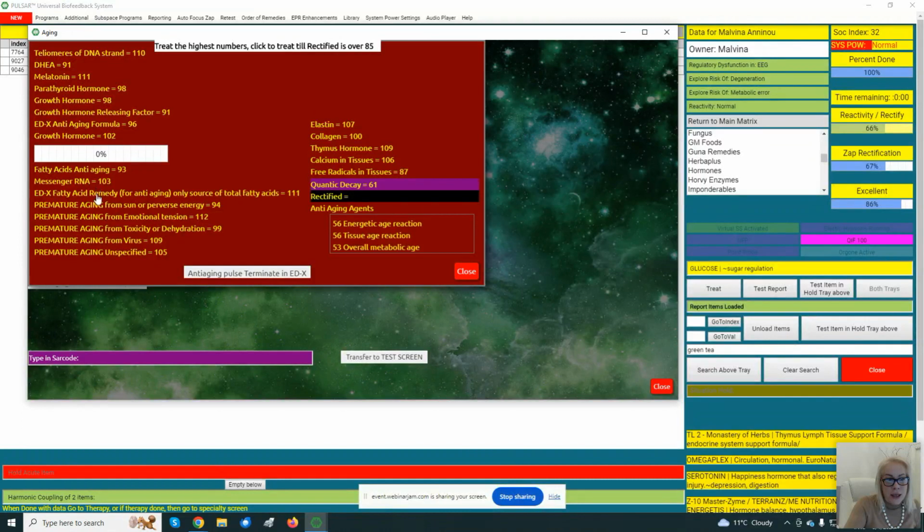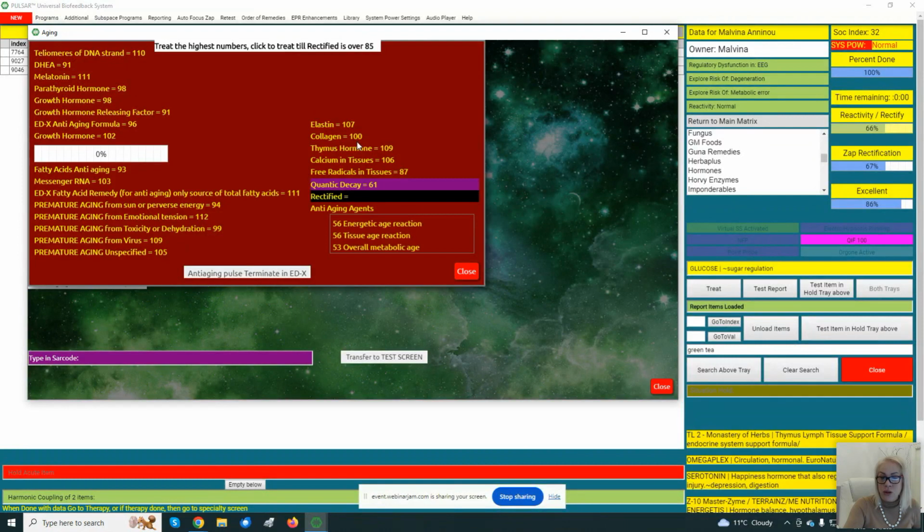Messenger RNA is coming up, some fatty acid remedy, emotional tension, virus here, collagen. Now, collagen is reacting. Maybe I need more elastin, I need more collagen. But that also is, in effect, an issue of estrogen.